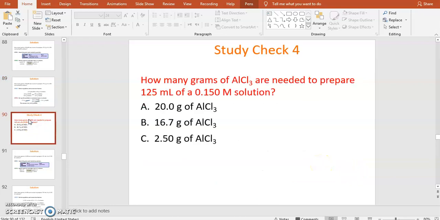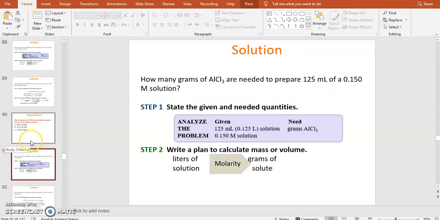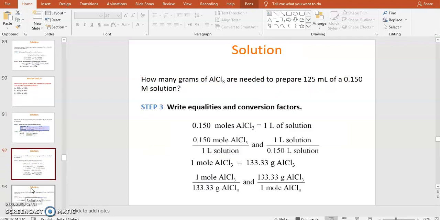Another example, how many grams again are needed to prepare this amount of this molar of the solution? So molarity of the solution means moles over liters.